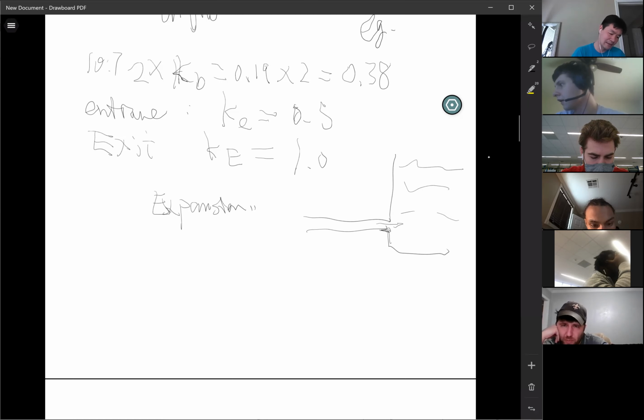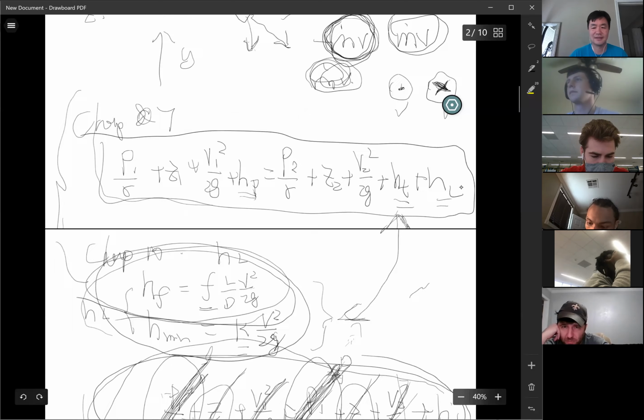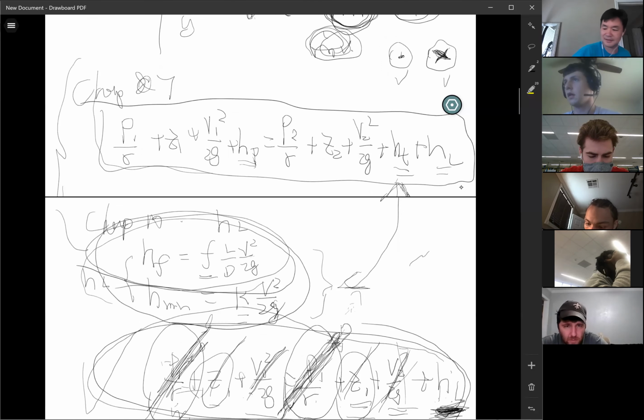For problems like that, it's probably good to write down all the pumps, all the openings, all the reducers and everything as soon as you see it, so you have it all ready to use the table. That's the equation you are going to use, in chapters 7 and 10. It's the energy equation, right? So for many of the chapter 10 and chapter 7 problems, you're going to use these equations.